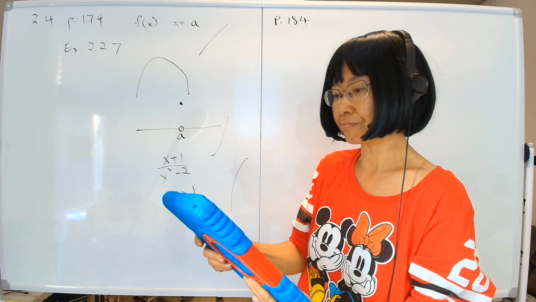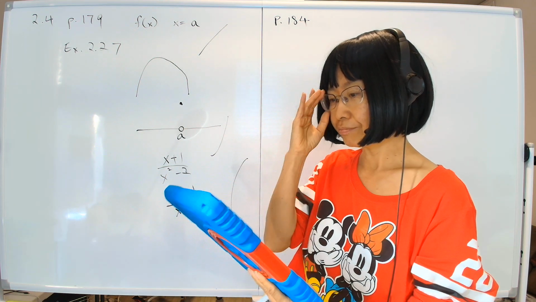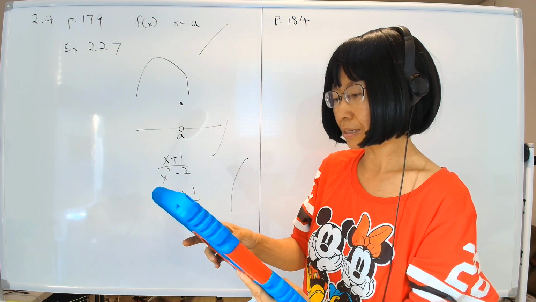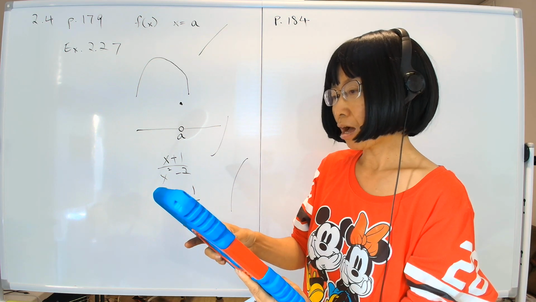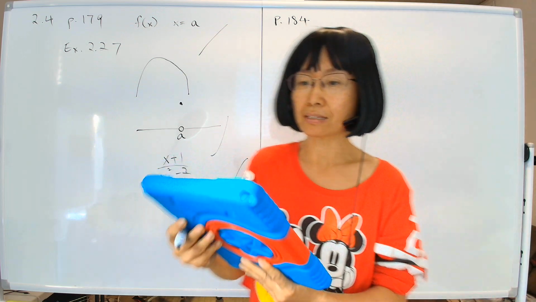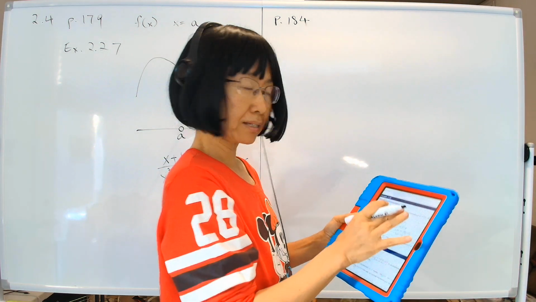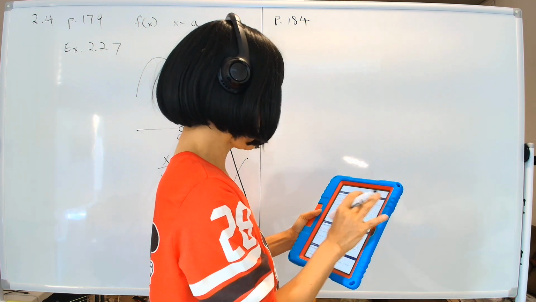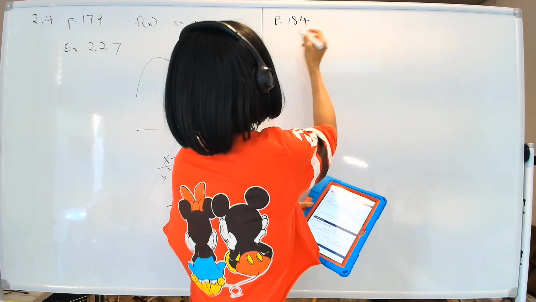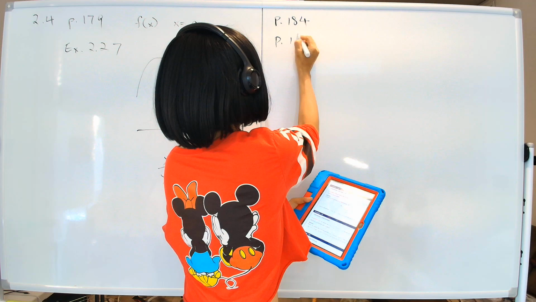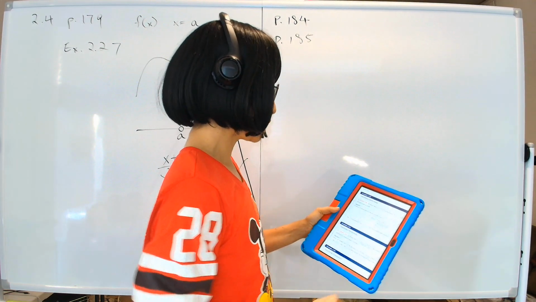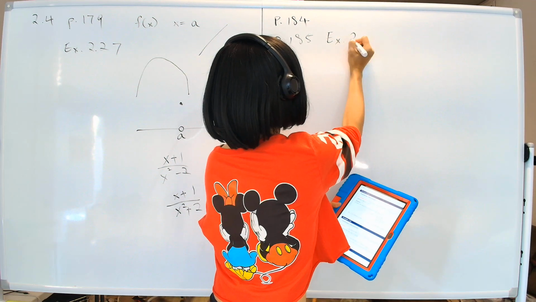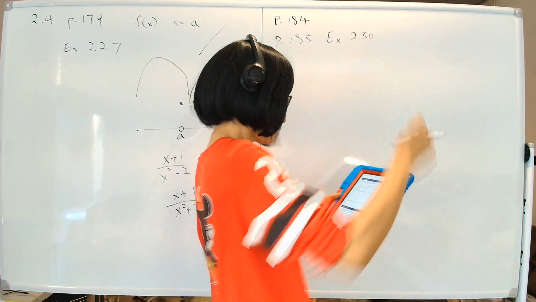Next, let's see. All right, so then let's look at some examples. We are now at example 2.30, on page 185.